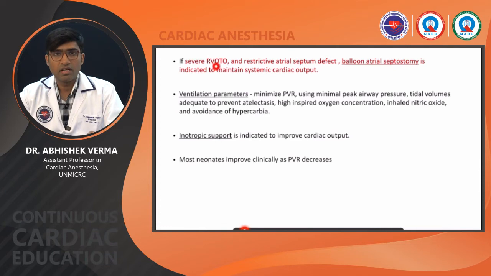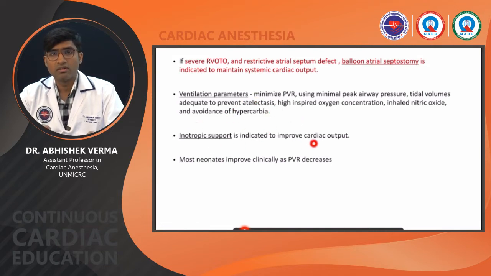So if there is a severe RVOTO and a restrictive atrial septal defect, then what we do is open this atrial septum by balloon atrial septostomy, and we maintain ventilator parameters to minimize pulmonary vascular resistance. We have also used nitric oxide. We also use a high FiO2 to avoid hypoxemia and hypercarbia.